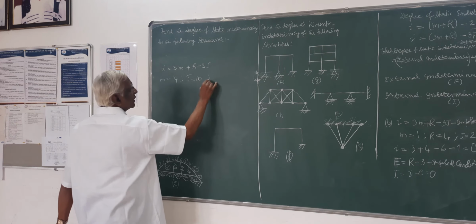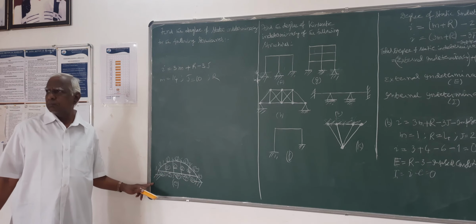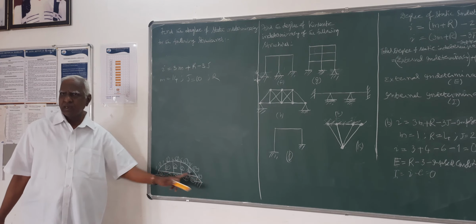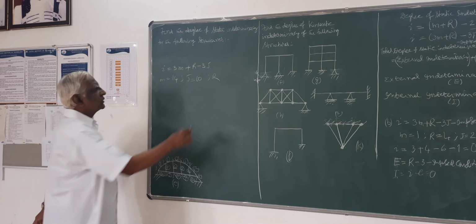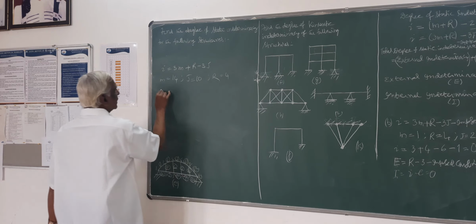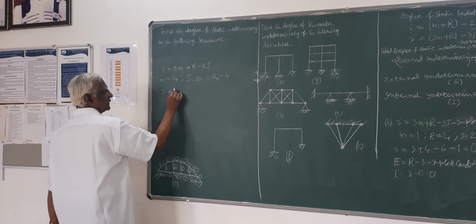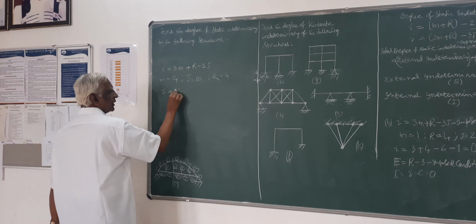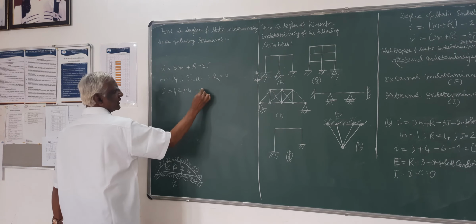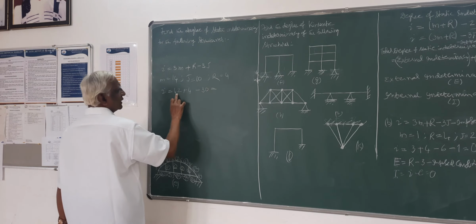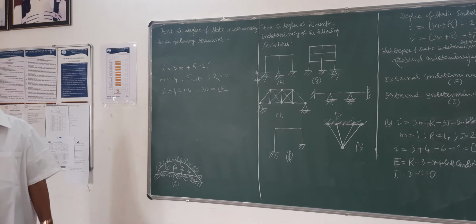So add all the number of support reactions. It consists of 2 supports, both are hinge type supports, 2 reactions here, 2 there, so all will be 4. Therefore, degree of static indeterminacy: 3 into m, 3 into 14, 42, plus r is 4, minus 3 into j, 3 into 10, 30, that is 46 minus 30, it is 16.